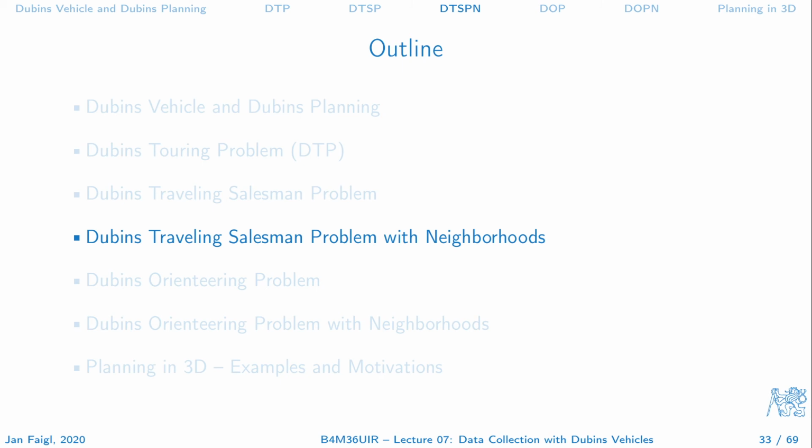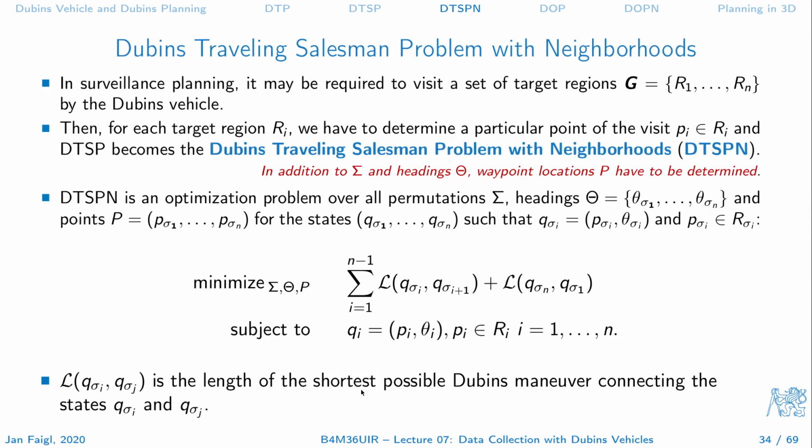Let's continue with the Dubins traveling salesman problem with neighborhoods. It is a very intuitive extension. Instead of locations, we have regions. We still need to determine the permutation, the sequence, headings, and also the locations. And of course, we have just a single location, or we have this disk.